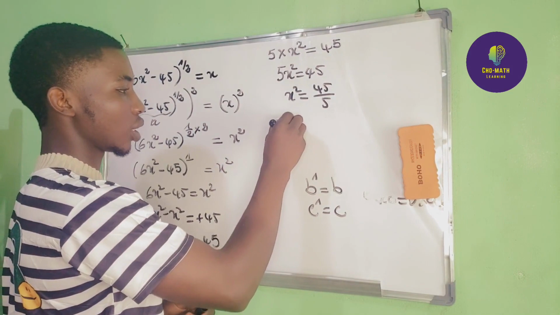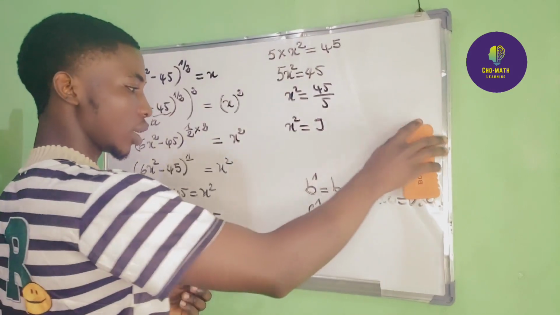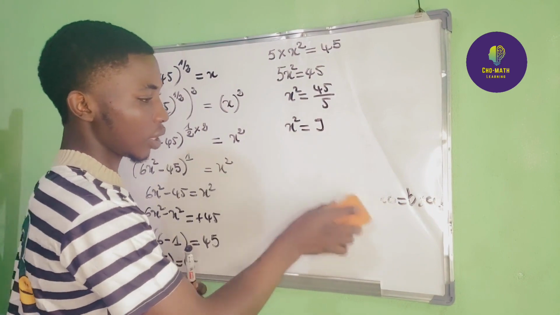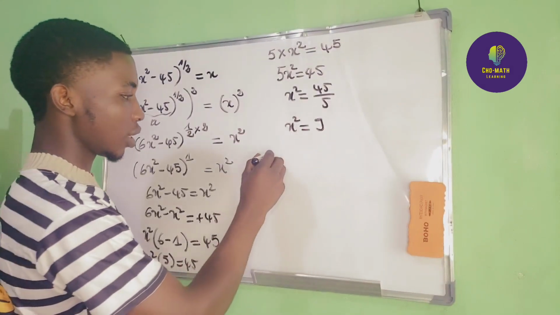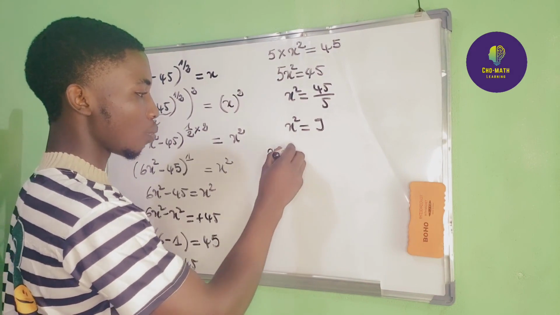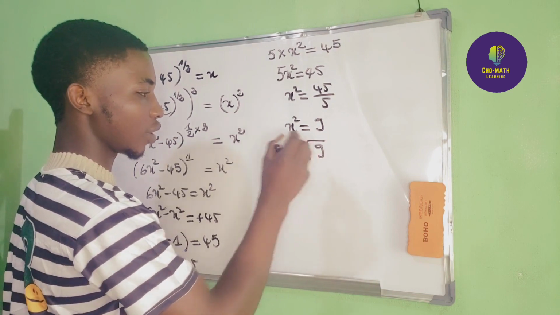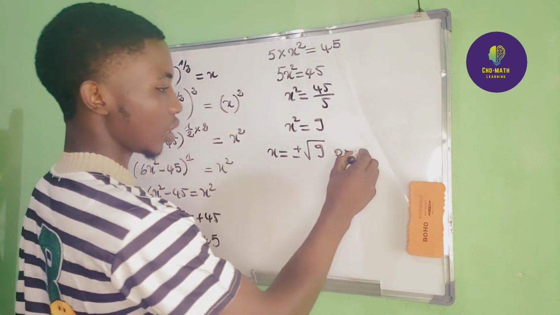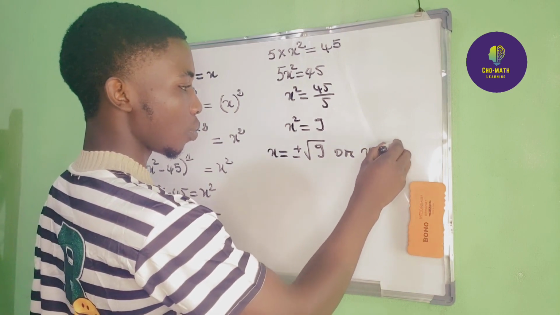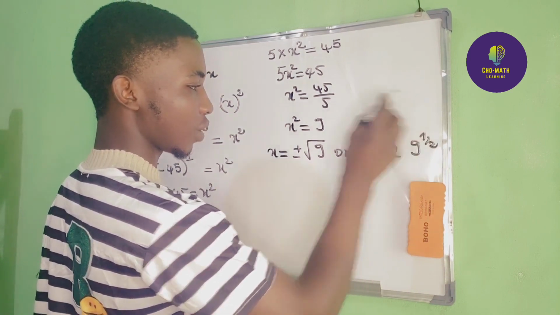So our x squared here will be equal to 9, and we know that if x squared is equal to 9, then x can be equal to plus or minus the square root of 9, or we can still write it this way: x will be equal to plus or minus 9 to the power of half.